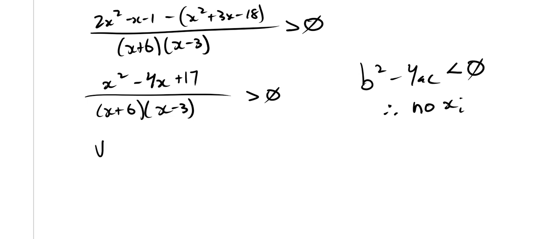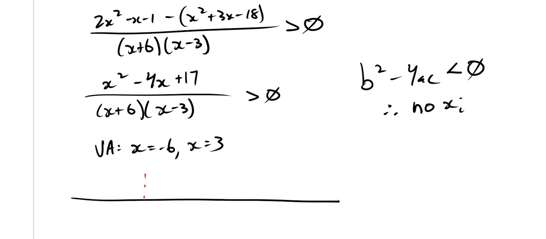So in this case, I have two vertical asymptotes only, x equals negative 6 and x equals 3. And so when I do my number line, this is negative 6, and this is 3, and I pick my values, and so I'm going to pick something really big and negative, and I get positive and two negatives on the bottom, so this works out to positive.